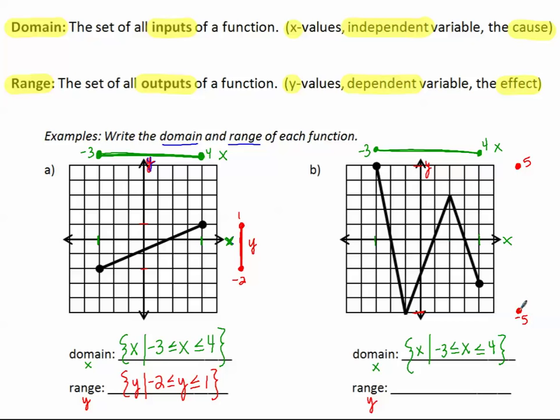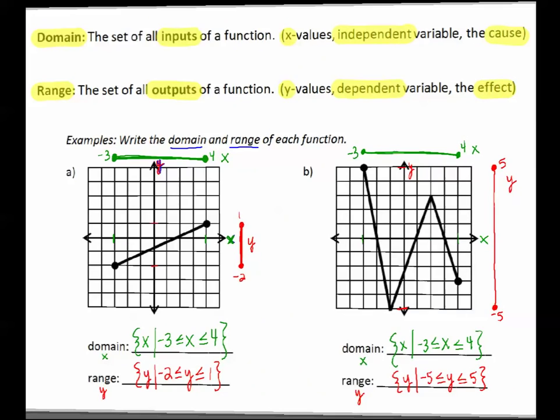So the graph goes all the way from -5 up to +5, just like the y-axis going up and down. So I'm going to say all y values such that -5, I start low, is less than or equal to y is less than or equal to +5.